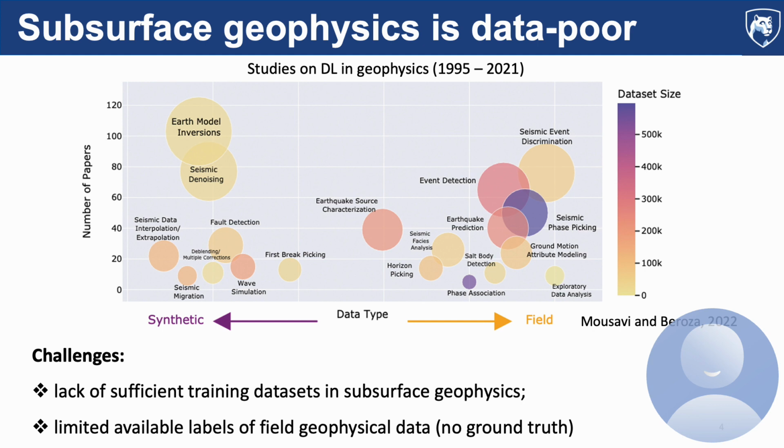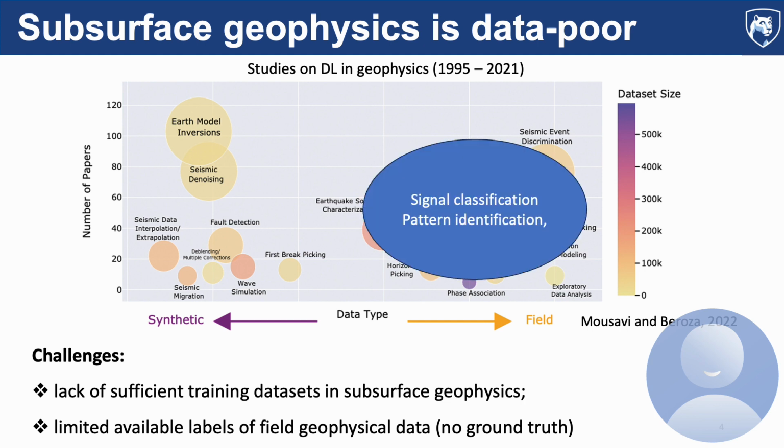As you can see, on the right-hand side is labeled as field data, and on the left side is synthetic data. If I summarize this for you, on the right-hand side, if you're dealing with signal classification or pattern identification, you tend to have many field data for your training exercise. But if you're dealing with subsurface property estimation or imaging, you tend to have many synthetic data. You don't have a field data set.